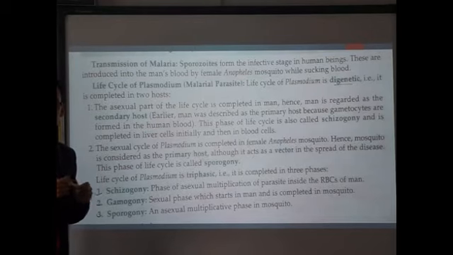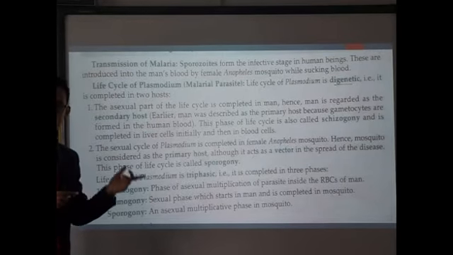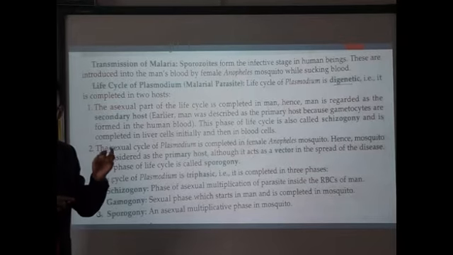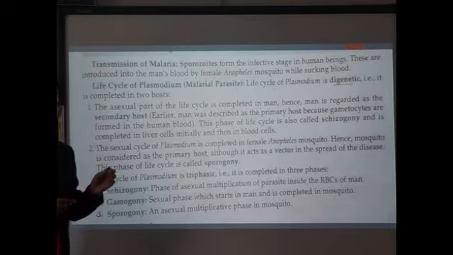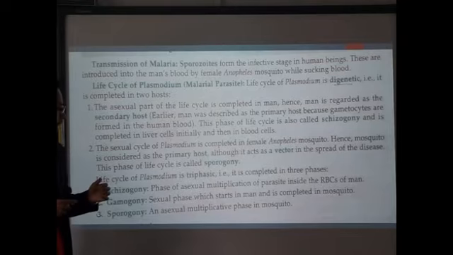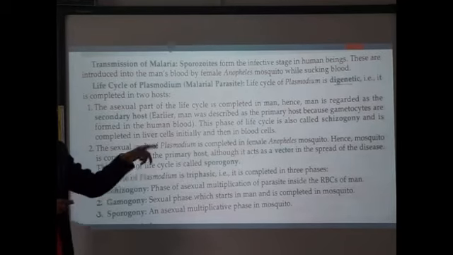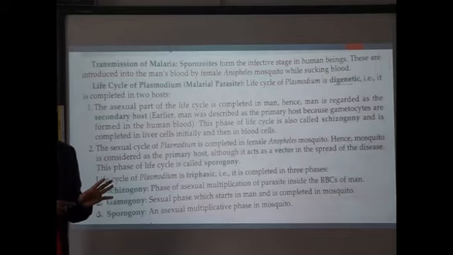So first of all, listen. The life cycle of Plasmodium involves an asexual phase and a sexual phase. The asexual phase of Plasmodium is completed in human being, whereas the sexual phase of Plasmodium is completed within the body of the mosquito. Clear?